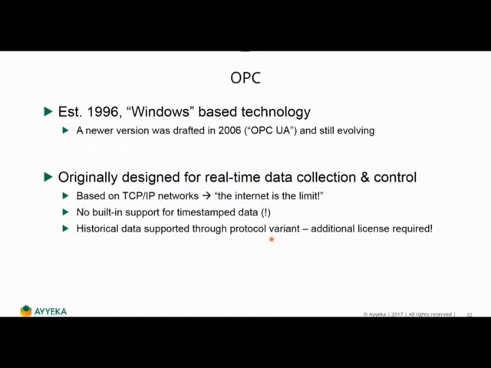Historical, timestamped data was not part of the original OPC DA protocol. It was added later, and usually it requires additional licensing on the SCADA side. So again, it's not something that most installations that we see are actually happy to work with. And again, remote devices are expected to be online. OPC is not designed for offline devices.